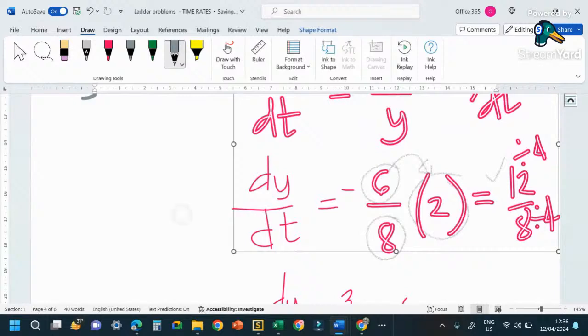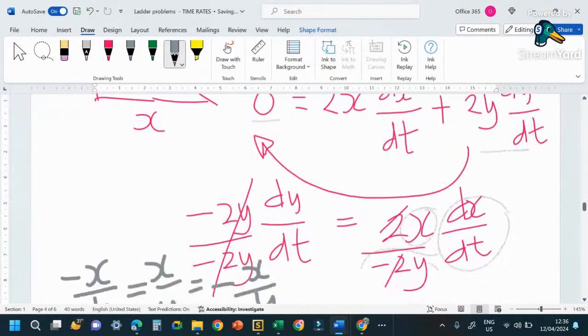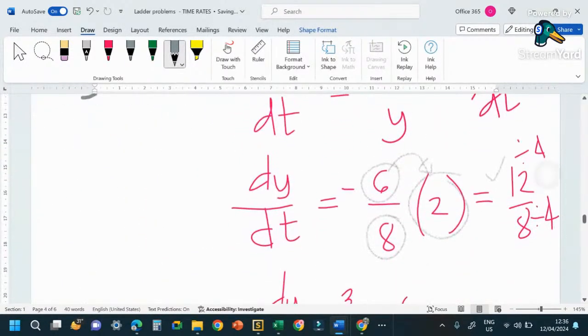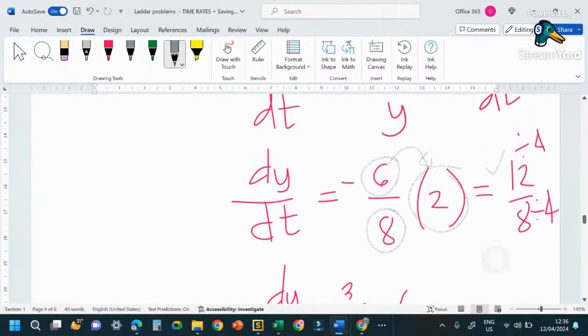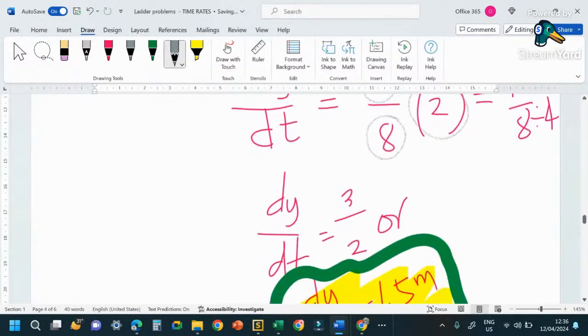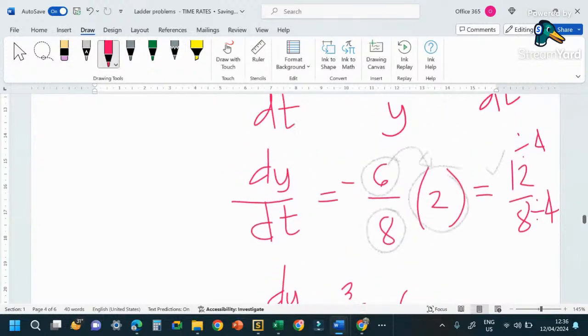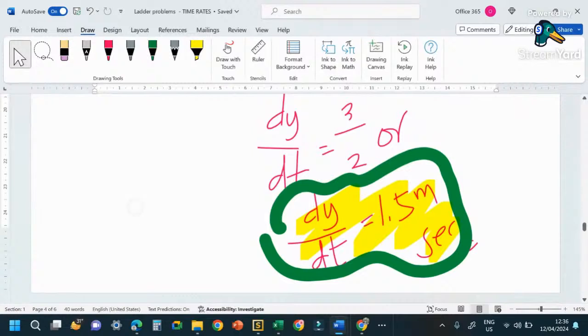You divide both the numerator and denominator by 4. 12 divided by 4 will give you 3, and 8 divided by 4 will give you 2. So the answer here is 3 halves, and that is negative, or a negative 1.5 meter per second.